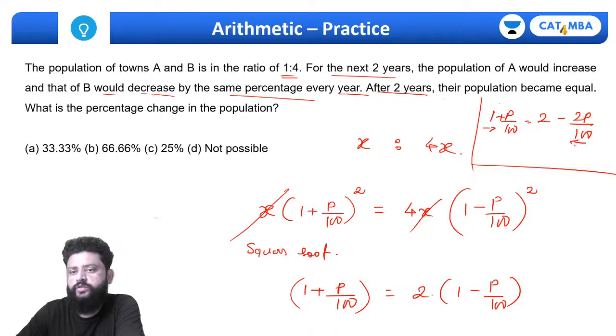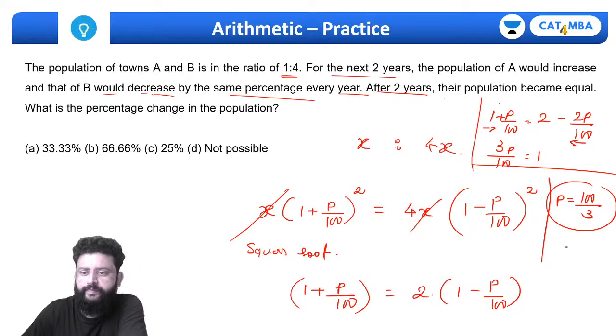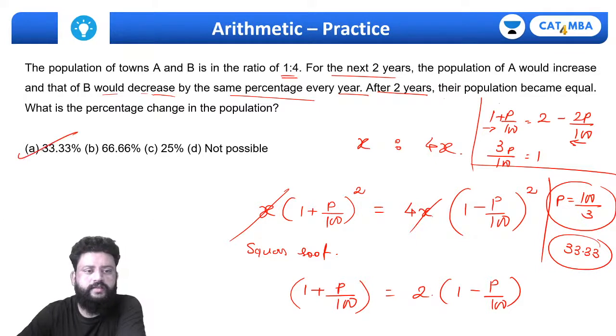Take 1 to the other side, and this to this side. 3P by 100 is equal to 2 minus 1, which is 1. So P is equal to 100 divided by 3, which comes out to be 33.33. So the answer is A.